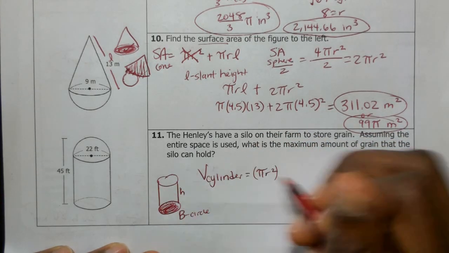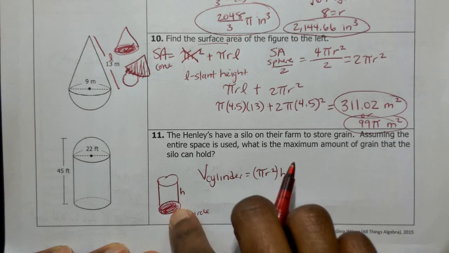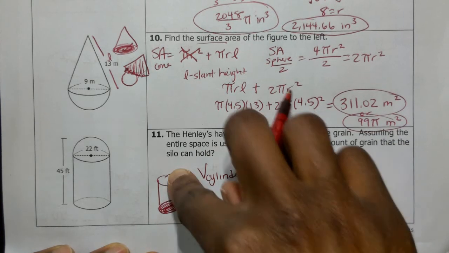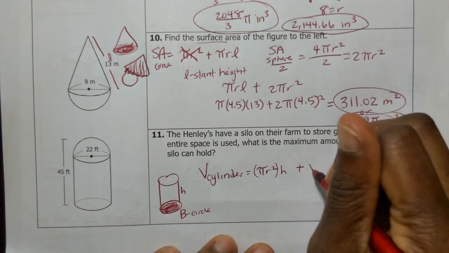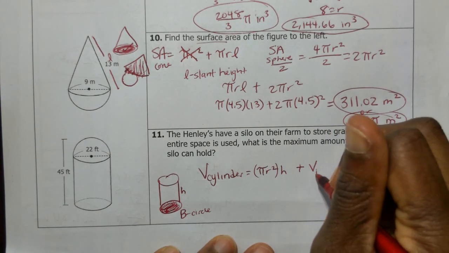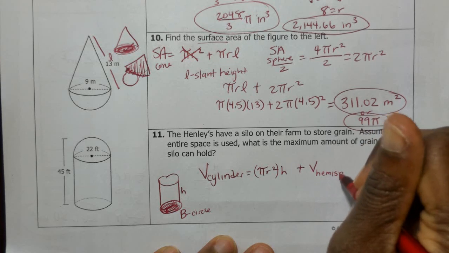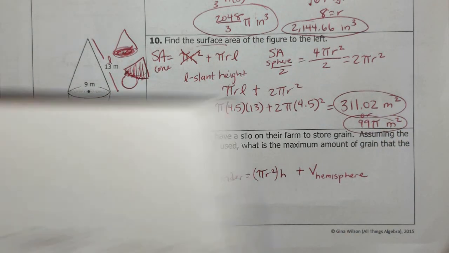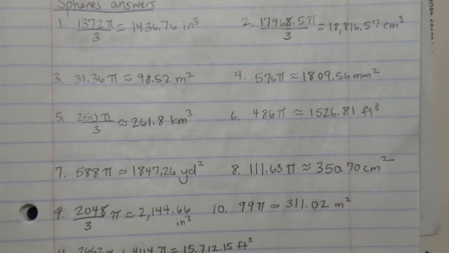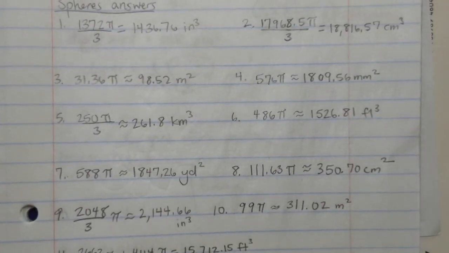Find out that, and then times it by how high it is, because you're basically filling the bottom up, taking the bottom and covering it, and then filling it up. And then you would also need the volume of the hemisphere. Okay, but I'll let you solve that, and I'm going to flash the answers so that you can see if you got everything right.